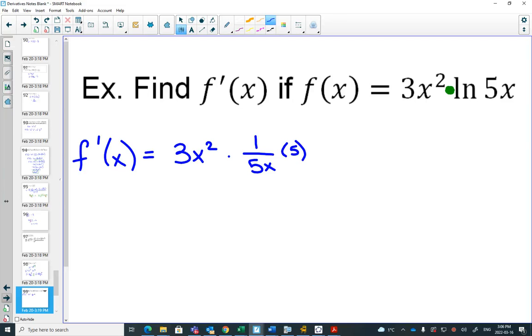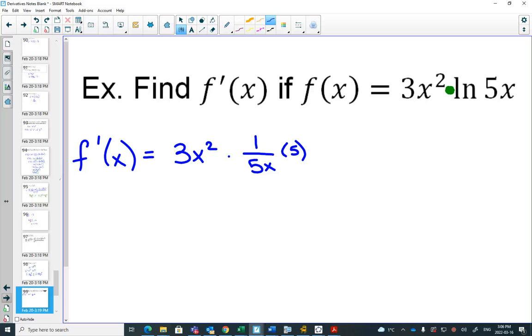Which is just 1 over x. Does that mean that 5 doesn't matter? It does matter because you still need it here.